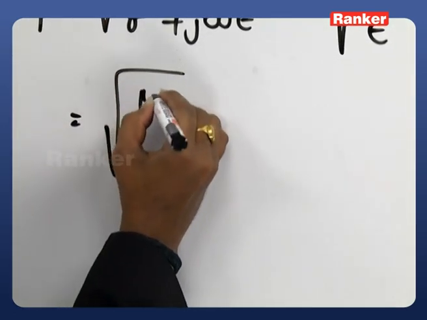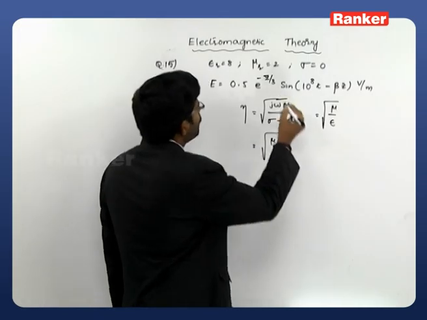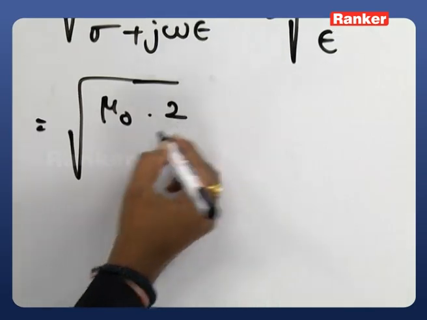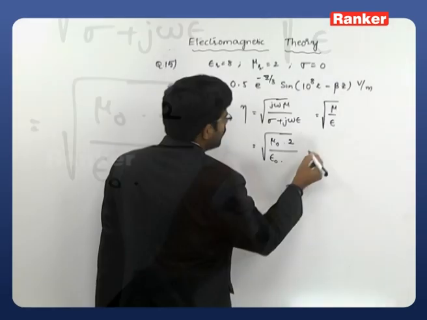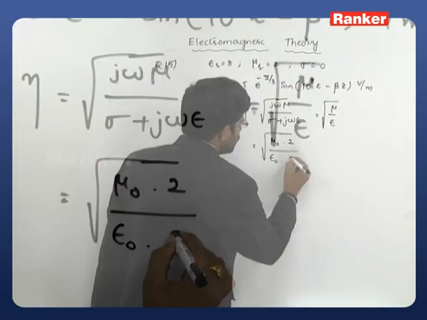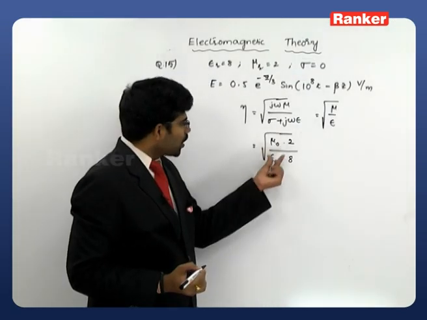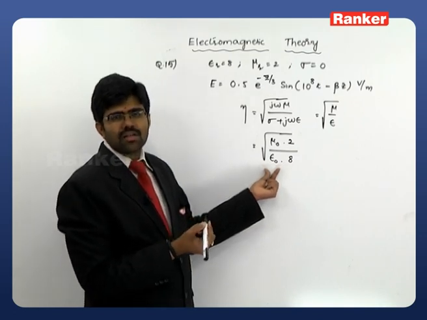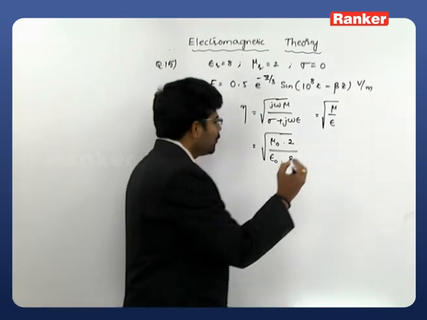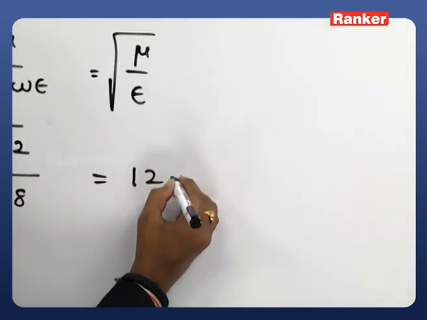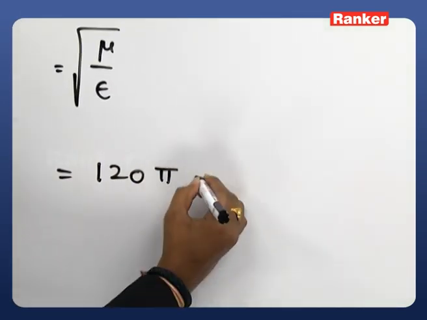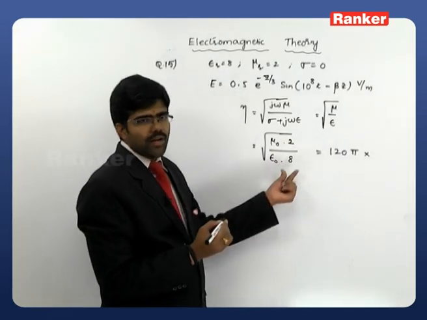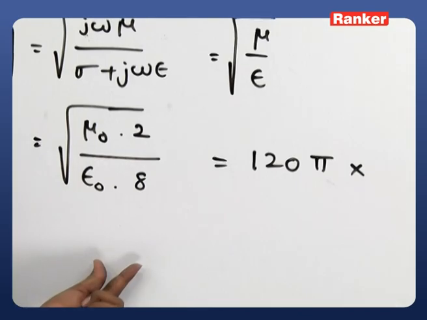So it is equal to mu naught and mu r is given as 2 divided by epsilon naught, epsilon r is given as 8. So under root of mu naught by epsilon naught is a very well known constant to us, that is nothing but the intrinsic impedance of free space. Directly you can write this as 120 pi multiplied by under root of 2 by 8, which is 1 by 4, right?